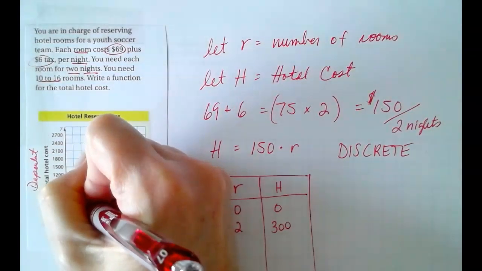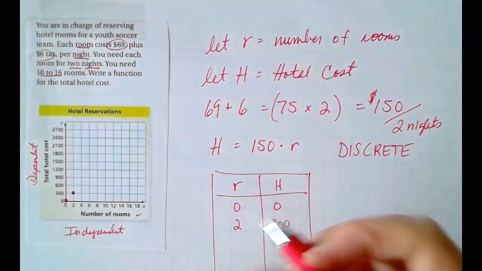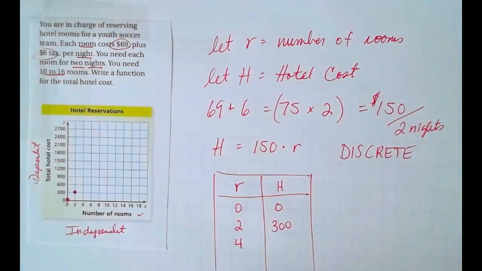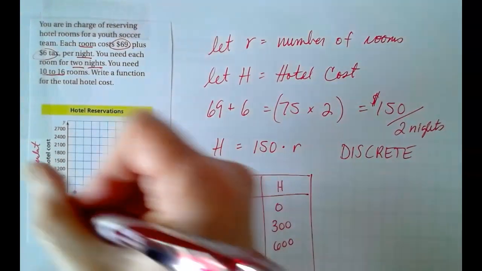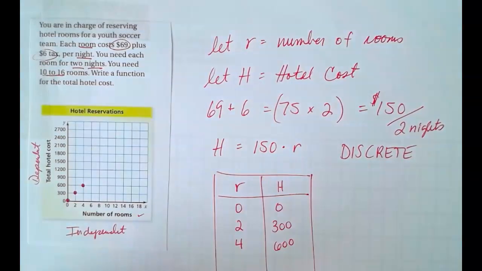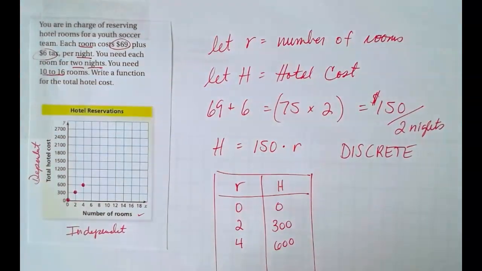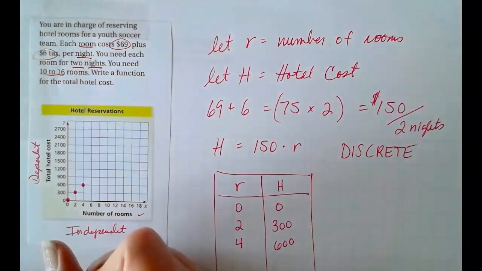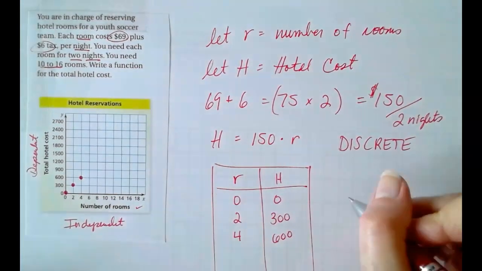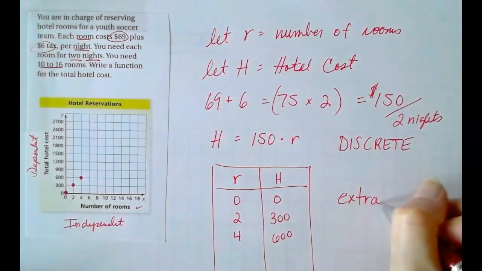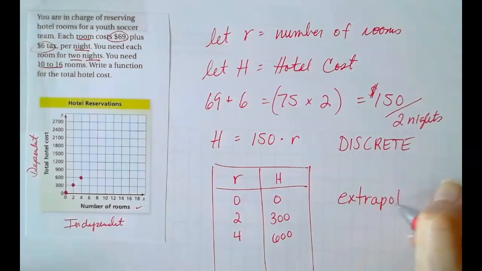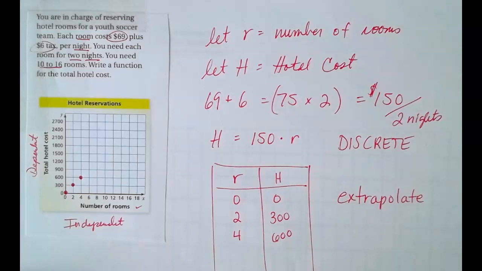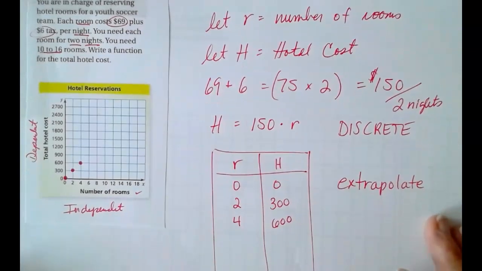If we get 4 rooms, it costs 600. So this should enable us to extrapolate. That's a good mathematical vocab word for you. We're going to extrapolate that this is going up by $300 every single time.